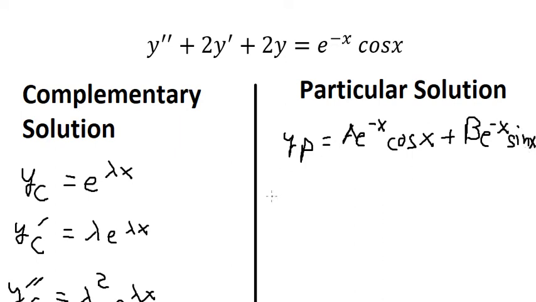Now we do the first derivative of this one. We start with the first term, e to the power of negative s, so you get negative a e to the power of negative s cos s. We do the first derivative of cos s, you get negative sine s.